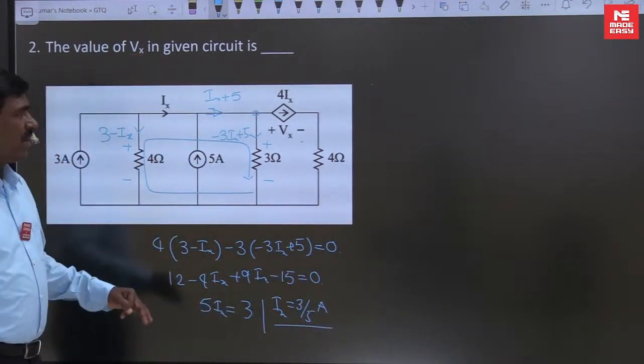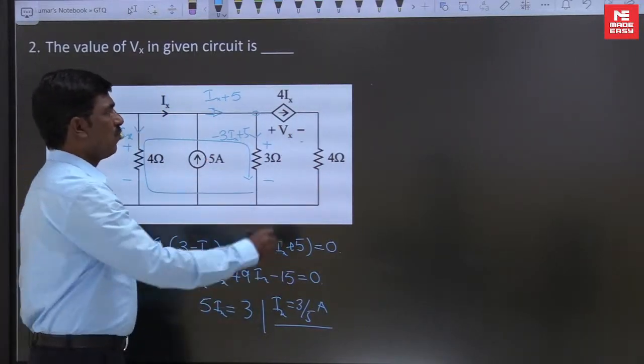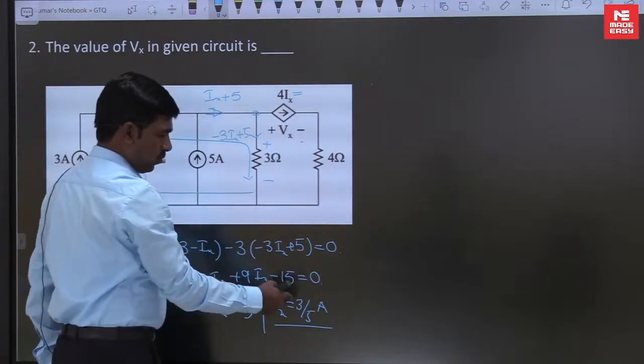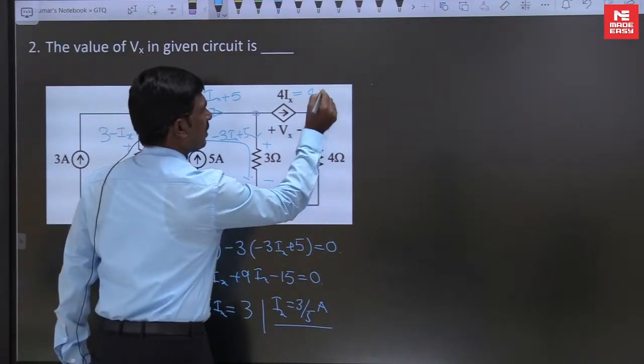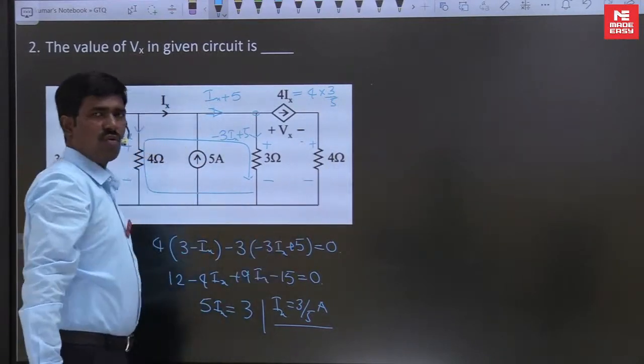Once you get Ix equal to 3 by 5, apply KVL in this loop and you get the answer. What is the value of 4Ix? 4 into 3 by 5. This current is flowing through this 4 ohm resistance.